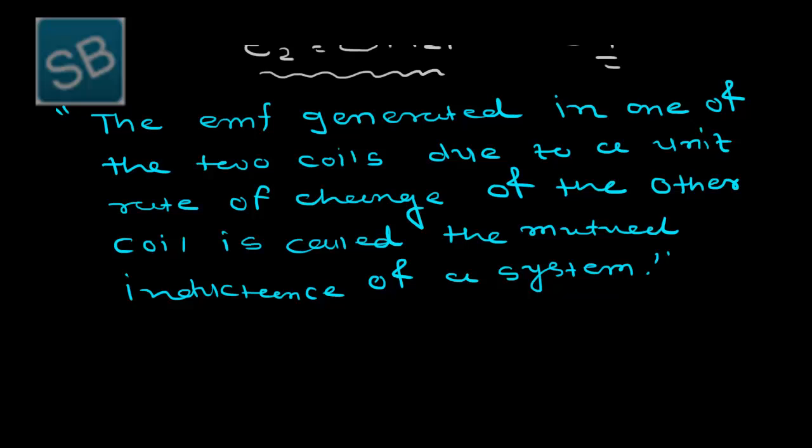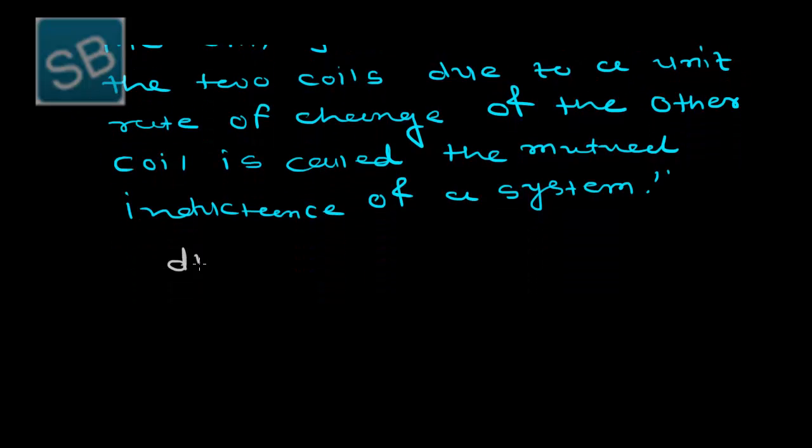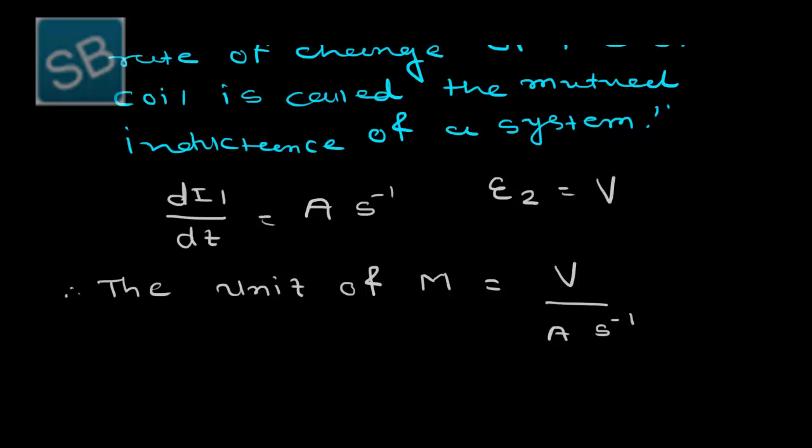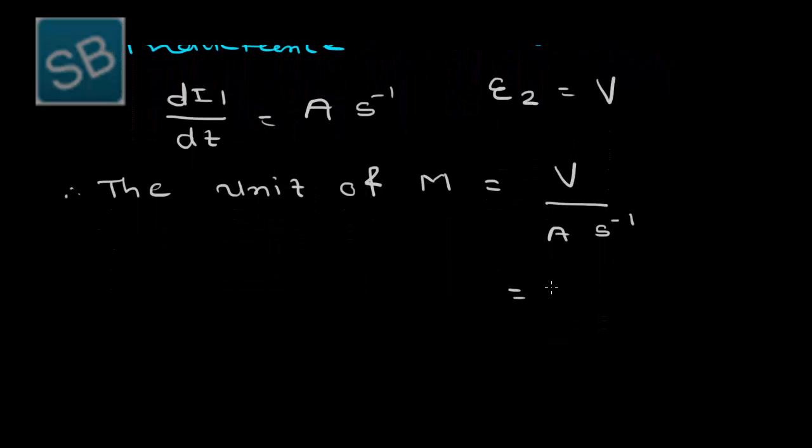Now, if we take di1 by dt as in ampere per second, and also epsilon 2 is in volt, capital V, then the unit of mutual induction becomes volt upon ampere per second, that is equal to volt into second into ampere inverse, that is equal to Henry, equal to capital H. Now see, the dimensional formula here will also be similar to that of self-inductance.